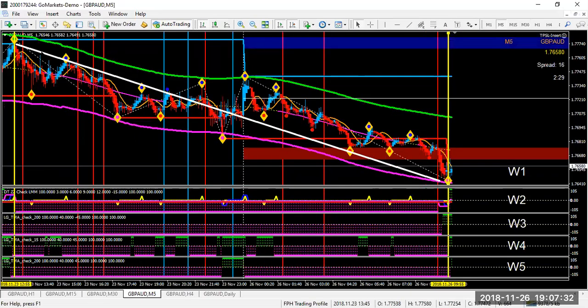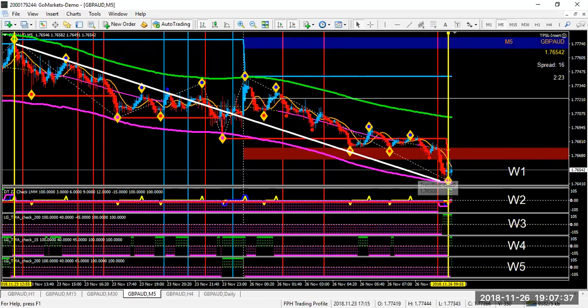All right, so you can see the white line that I drew on the 30-minute showing that movement, okay?